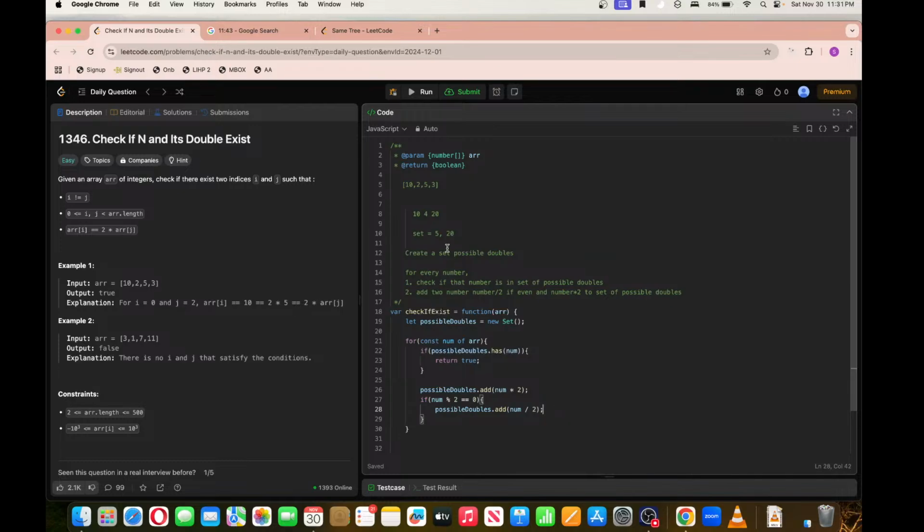Another way would have been to add 10 and 20 itself. Or actually another way is to just add that number only, and if I find any number, then that way my set will be very minimal. So another way would be, if I find it in the set, then don't add 5 and 20, but instead add just 10 only, so that when I reach 5, for every number I would check if its double is in the set or its half is in the set.